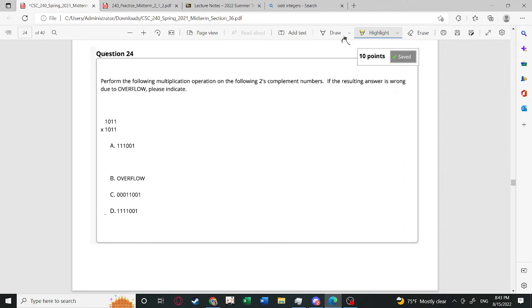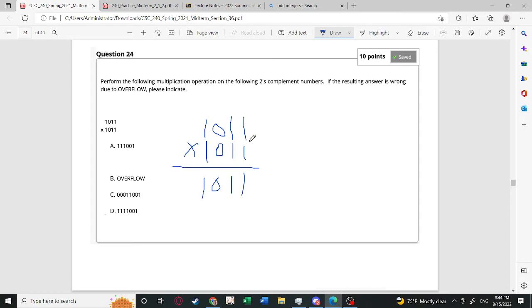Basically, we're going to do this cleaner than last time because I messed it up last time. 1, 1, 0, 1, 1, 1, 0, 1.